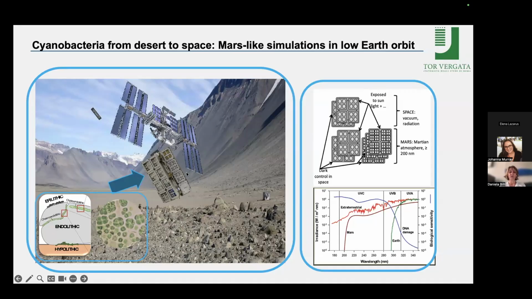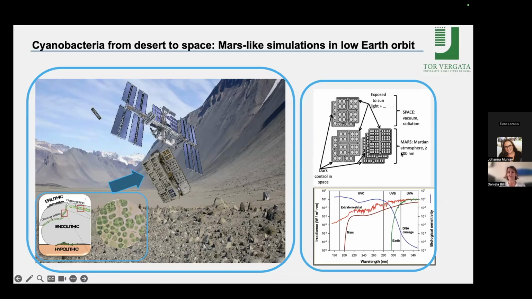So it has been possible to use the EXPOSE facility that is installed outside, and as the name says, this facility allows the exposure of a selection of extremophiles in the dried state to space conditions, so vacuum, radiation, either UV radiation, so solar radiation, or cosmic radiation, so ionizing radiation, and vacuum. Vacuum is terrible. If you are not able to face desiccation, you will die immediately under space vacuum.